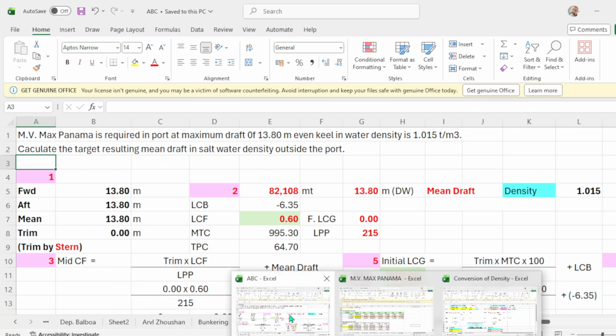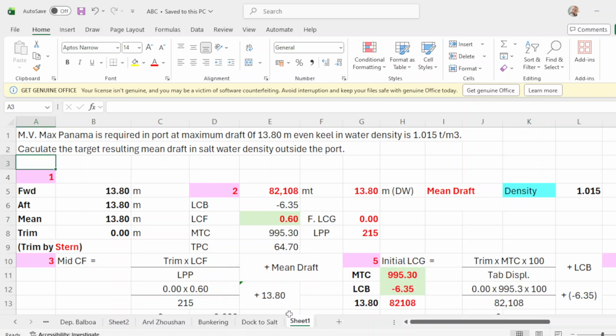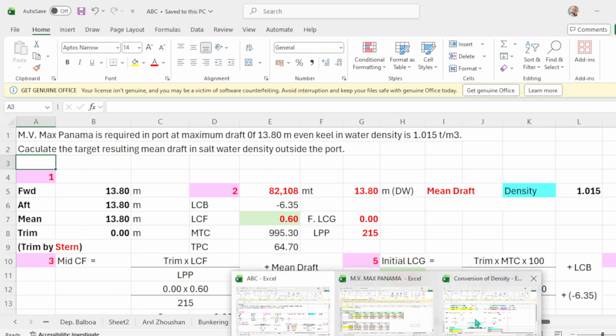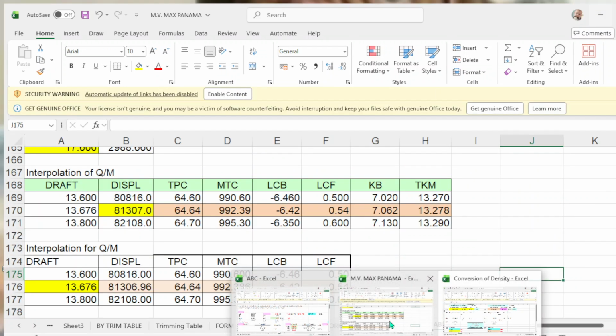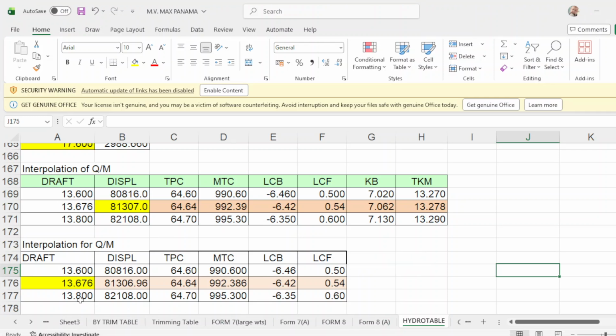Okay, so excuse me. So we put here 13.80, and the density is 1.015. What will be his displacement? Okay, so we go to the hydrostatic table. That will be 13.80.